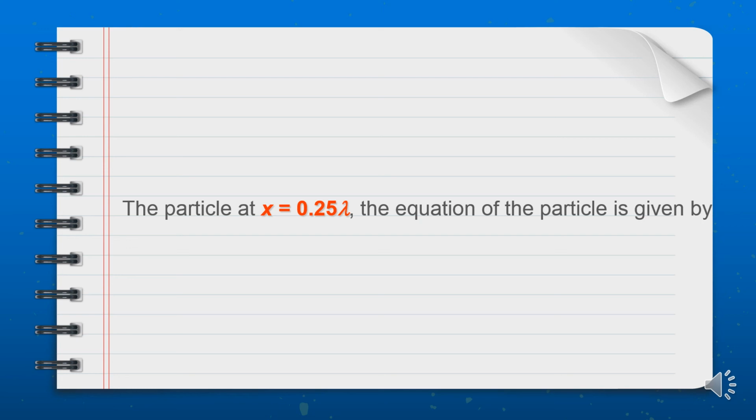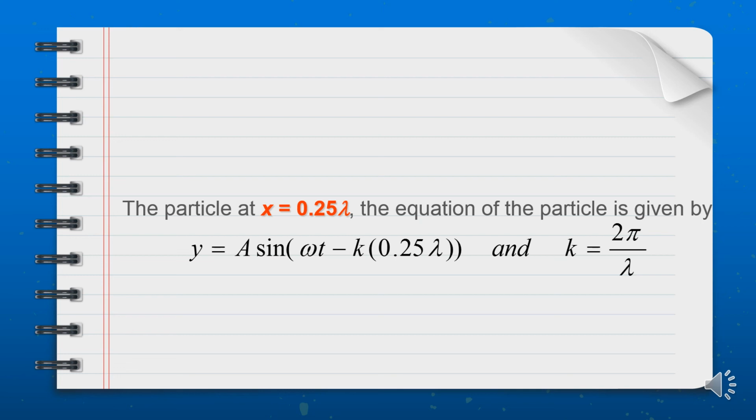Next, when the particle is at x equals 0.25λ, what will happen to the shape of the graph? Now we take a look at the equation of the particle given by y equals A sin(ωt − kx). Now, the value of x you substitute with 0.25λ. Then, as we have learned before, wave number equals 2π over λ.